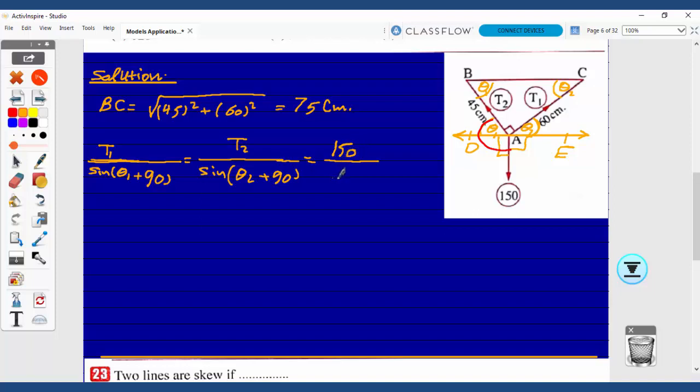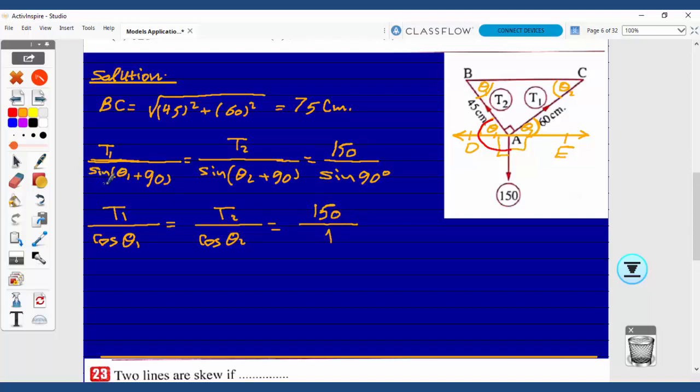The third force is the force of the weight, 150 over sine the opposite angle, which is 90 degrees. Now we have T1 over cosine theta 1 equals T2 over cosine theta 2 equals 150 over 1. Don't forget that sine 90 plus theta 1 equals cosine theta 1.